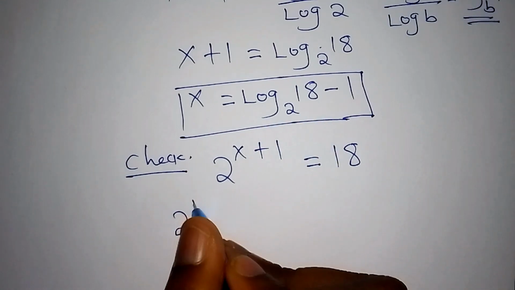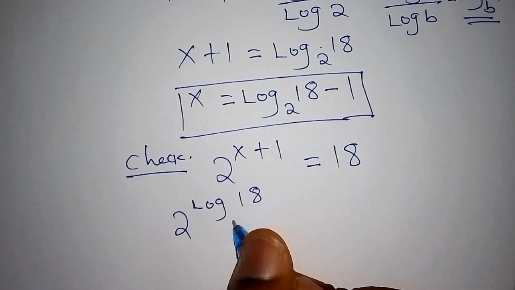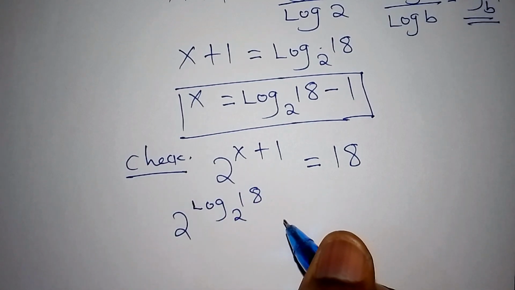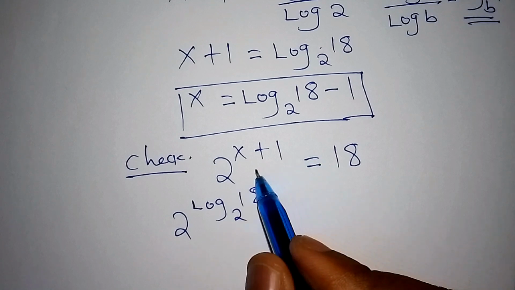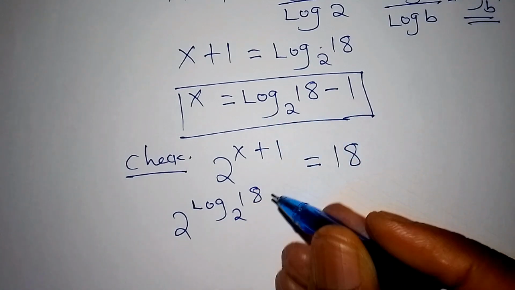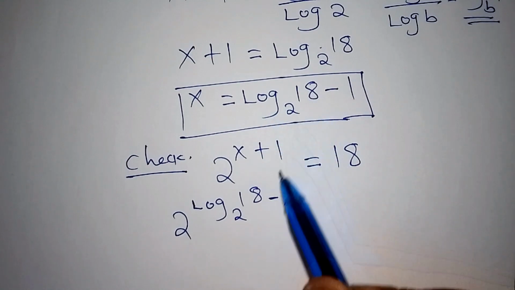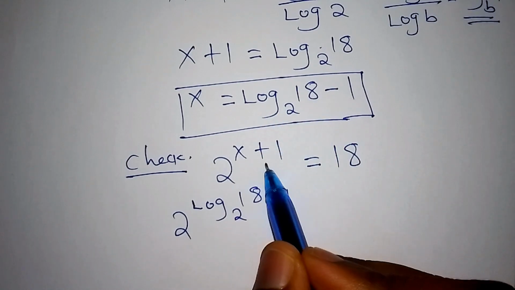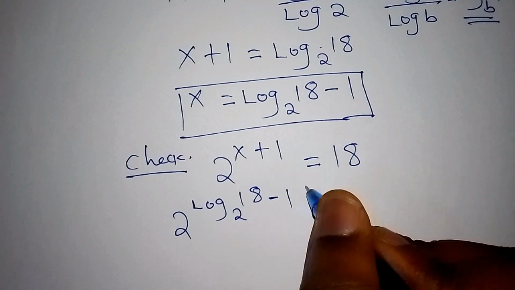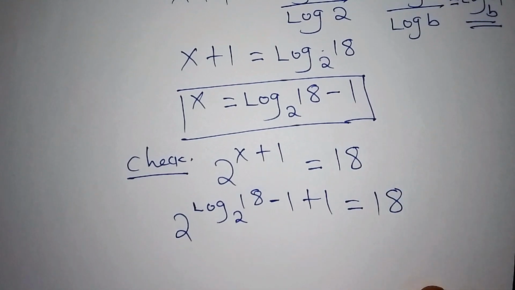So we have 2 to the power of the log of 18 base 2 minus 1, then again plus 1, is equal to 18.